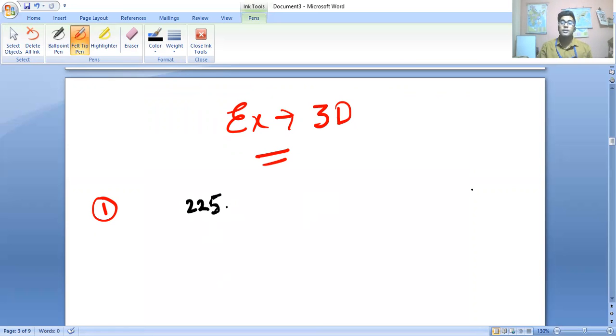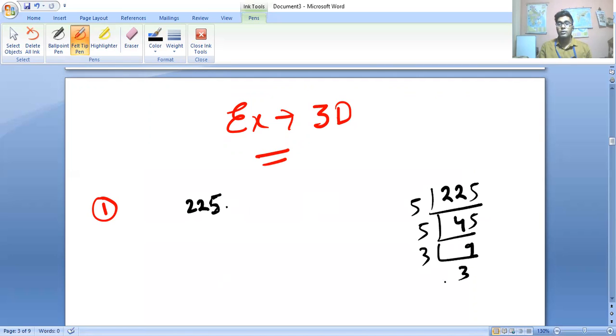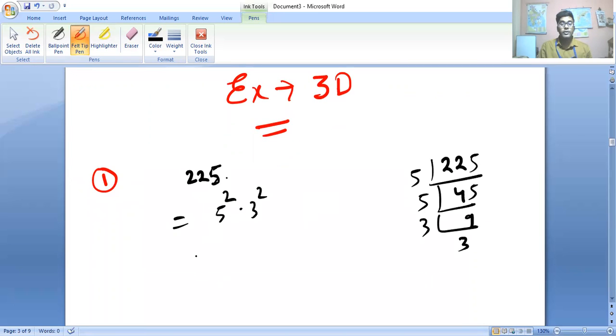So for example, take this 225 only. If I factorize 225, so 225 can be written as 5 square into 3 square. So together they can be written as 15 whole square. Which formula?